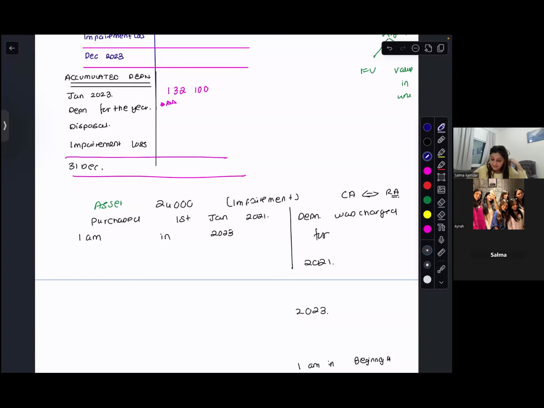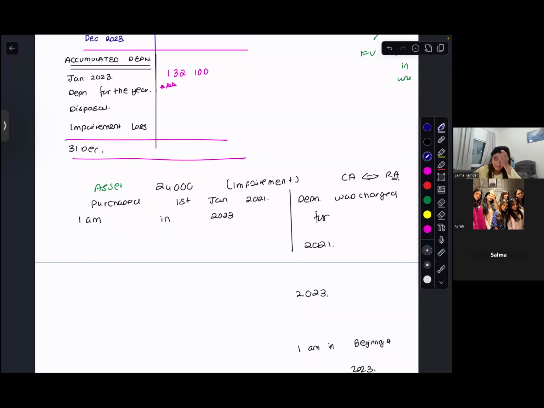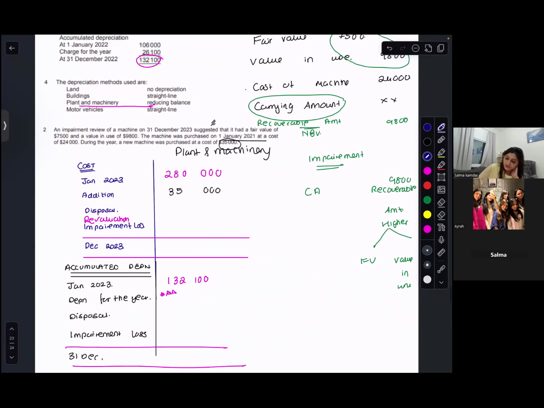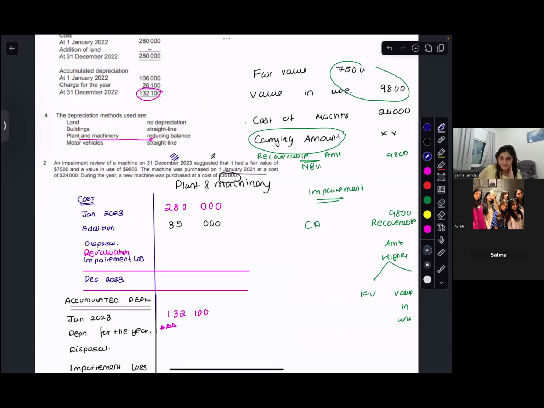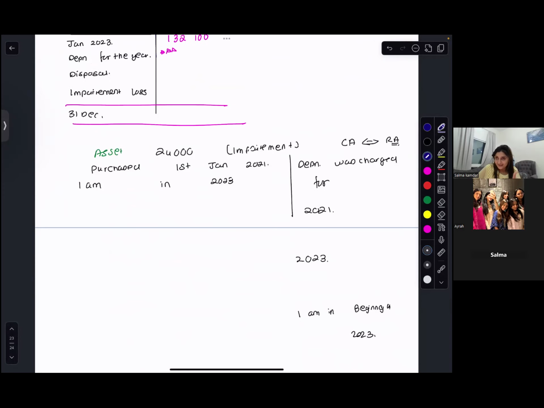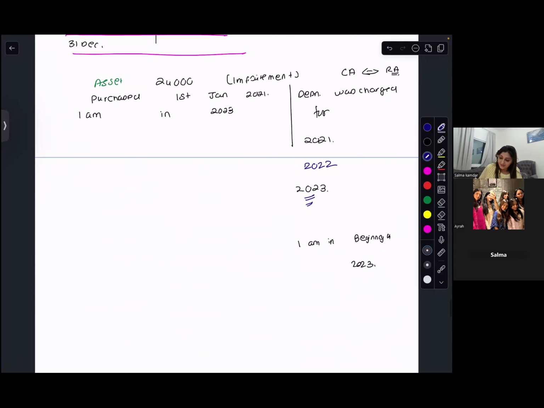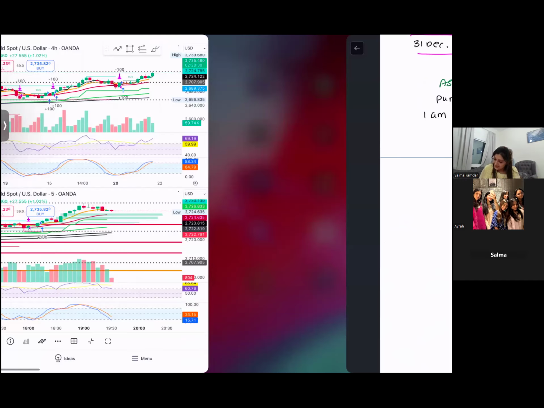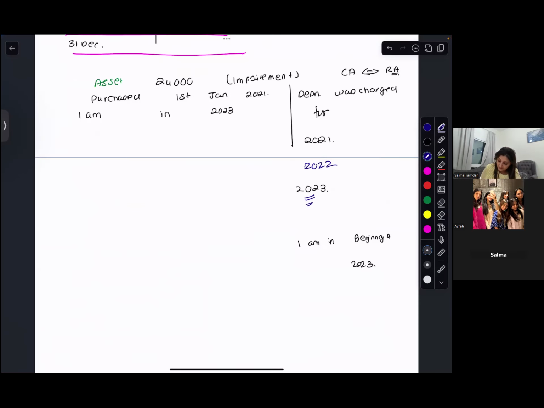Okay. That means the asset that we are going to impair, we want to find the carrying value at the end of 2023, because we are going to impair it on 31st December 2023. So depreciation of this asset was charged in 2021, 2022, and 2023. This asset was purchased on Jan 1.